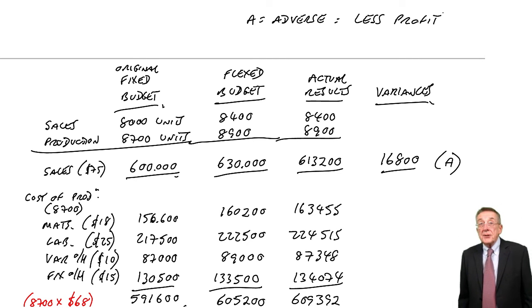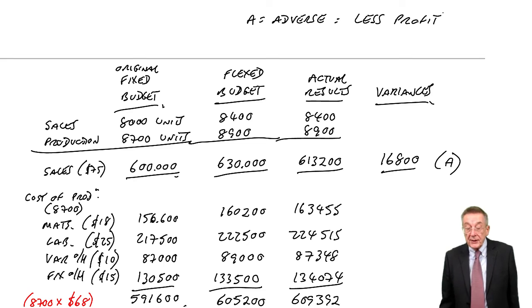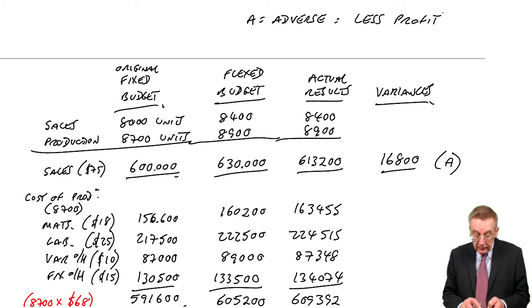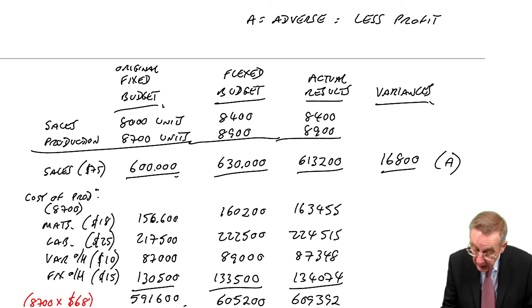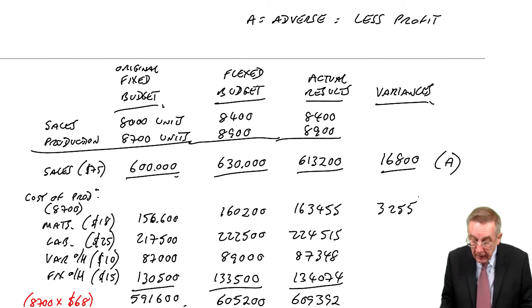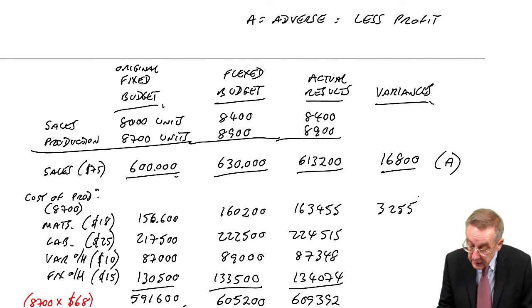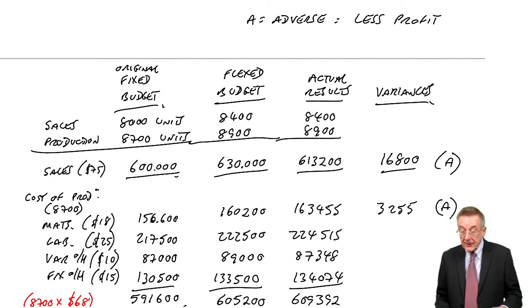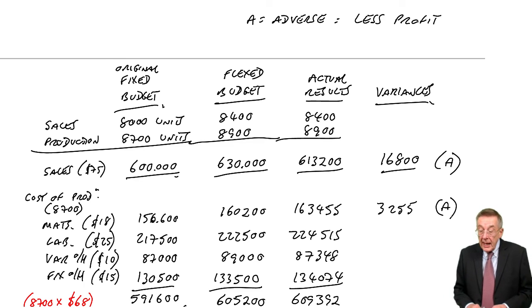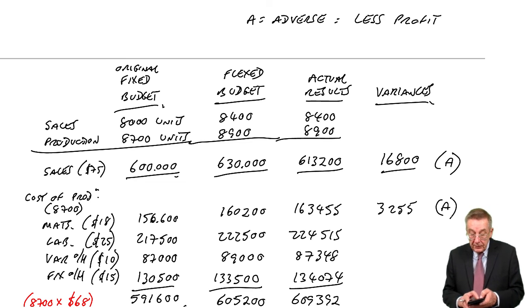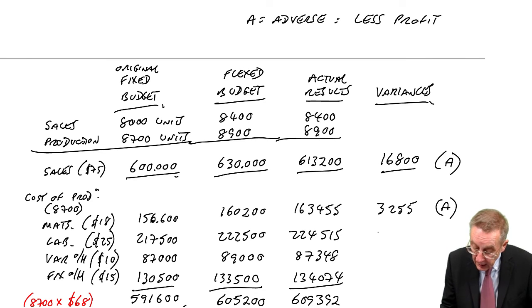What else went wrong? Materials, for our production we should have spent 160,200. We actually spent 163,455. The difference, 3,255. And again, because we overspent, that on its own would mean less profit. It's adverse. Labour, again we've overspent. 224,515 minus 222,500 is 2,015.